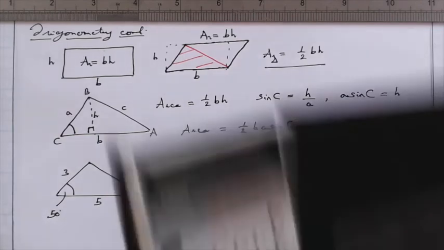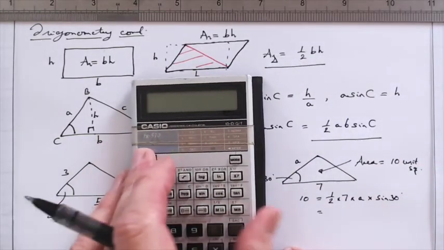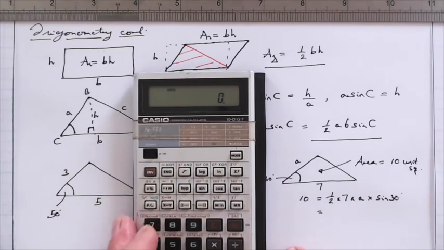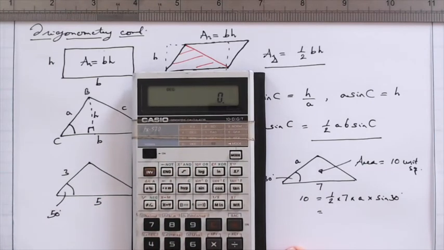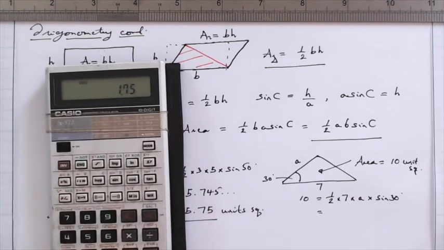We have 1/2 times 7 times the sine of 30 degrees, which is 1.75. And then we have the unknown quantity A. And so by dividing 10 by 1.75, we will determine that unknown length.